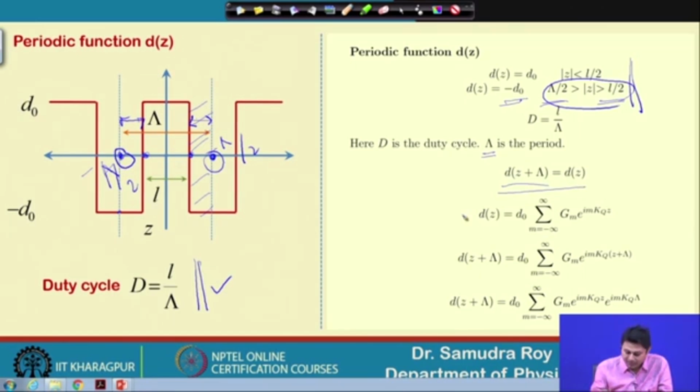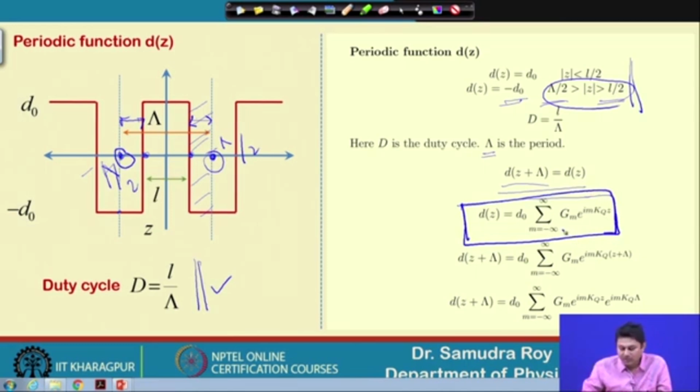Suppose we write D as a Fourier form, where these are the Fourier coefficients. I am making a sum over this quantity to represent a periodic function. We can always represent a periodic function in this way, where G_m are the Fourier components.